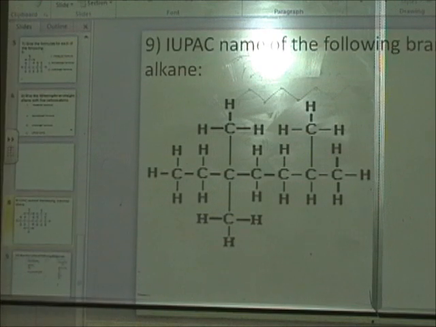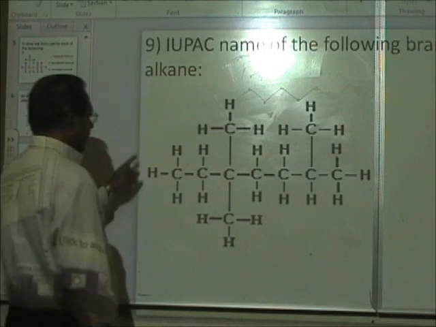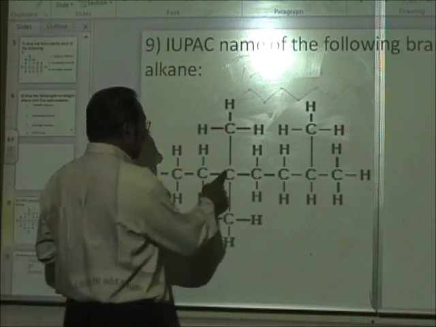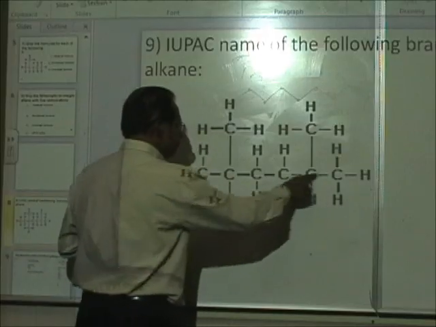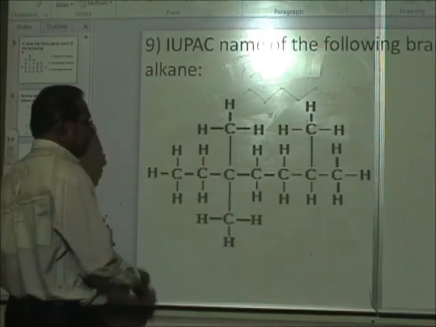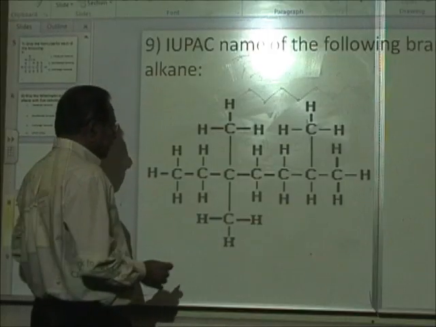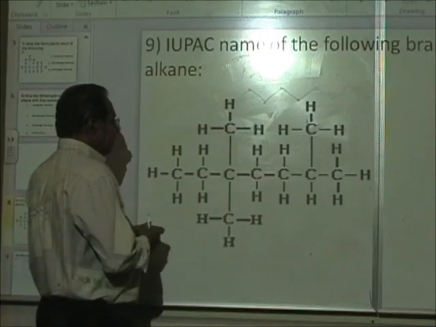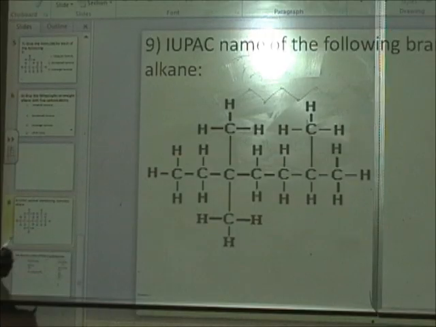Identify the longest continuous chain. It's like a road with different branches coming out. The continuous chain is the one having the largest number of carbon atoms.